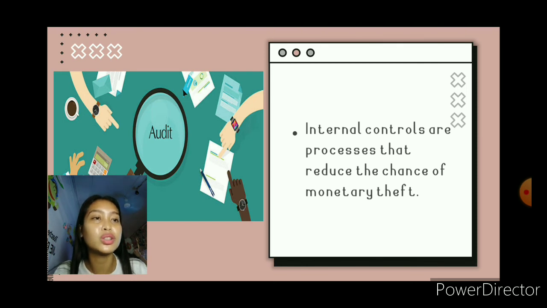So internal controls. Internal controls are processes that reduce the chance of monetary theft. So you need to set up guidelines, for example, for your travel to be approved in advance, rather than simply giving reports after you return from trips.